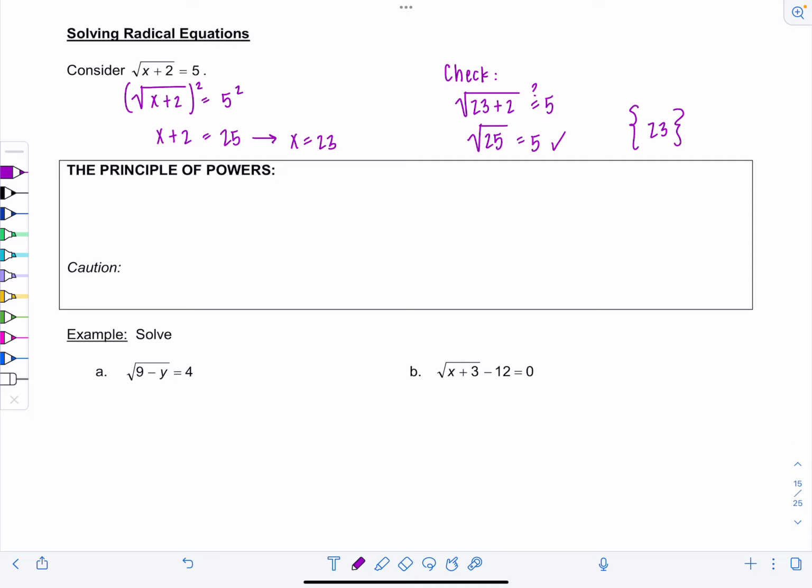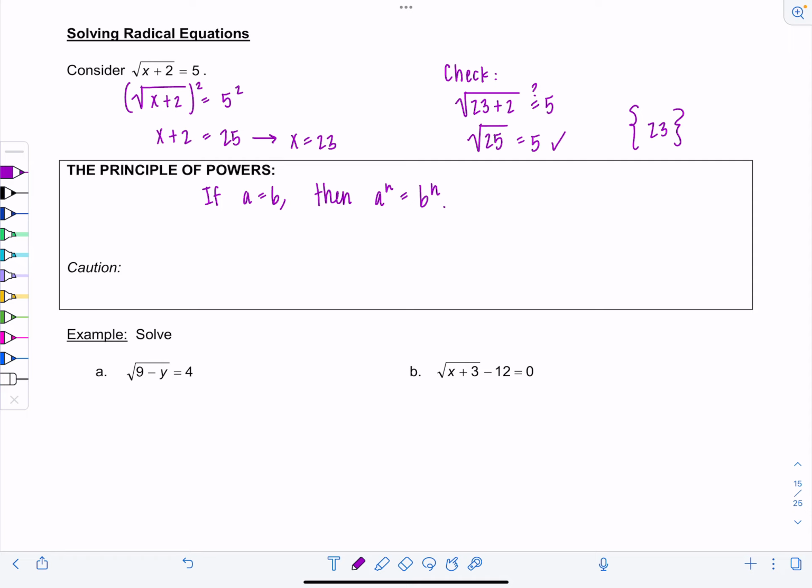Okay, so we're going to now solve radical equations. Some have square roots, some have cube roots, some have fourth roots, okay? The index can change. And in order to solve radical equations, we're going to apply the principle of powers. What it tells us is that if a is equal to b, then a to the n is equal to b to the n.